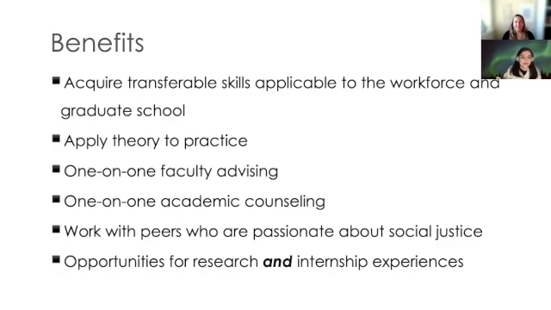And then you work with peers who are just as passionate about social justice, and you get opportunities for research and internship experiences, such as the 195C courses. And if you're interested for now in seeing what those look like, you can also visit our website, and we have a list of courses along with the syllabus for different fields or different majors, so you can see what aligns best with you.